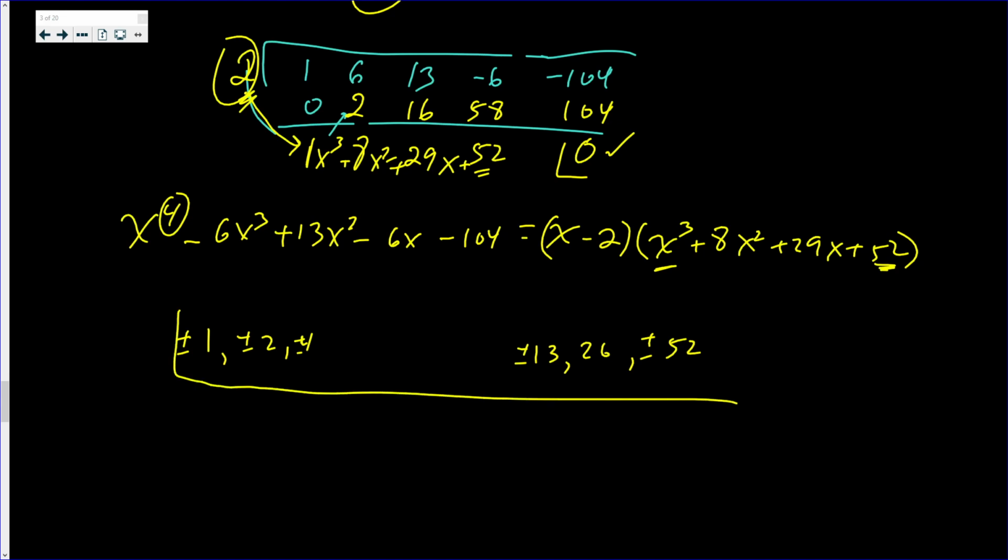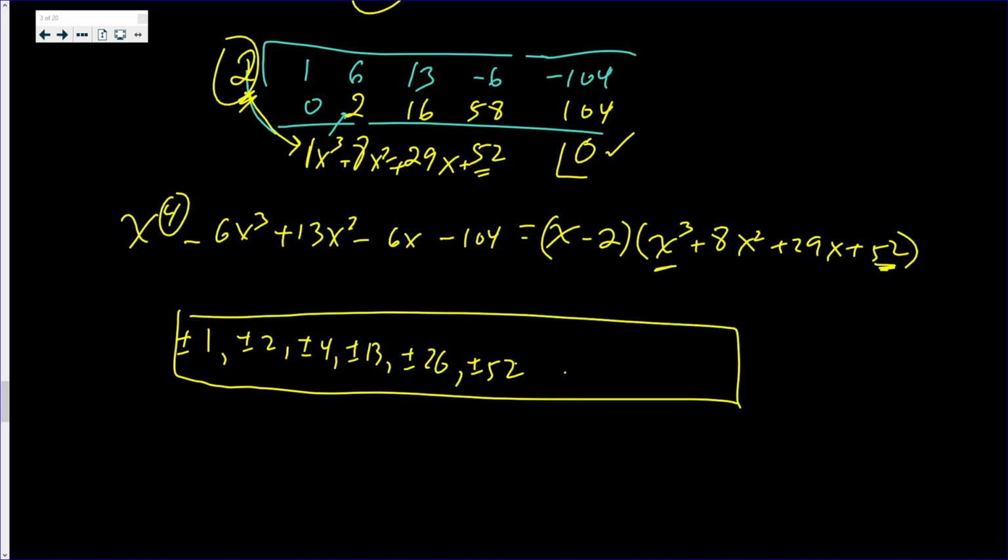9 doesn't. 10 doesn't. So it looks to me like these are the roots. Let me just move them closer to one another. Plus minus 4, 13, 26, and 52. Those are the possible rational roots. Now, for example, let's pick a number on here, 13.